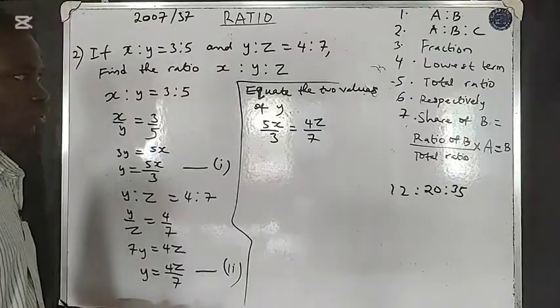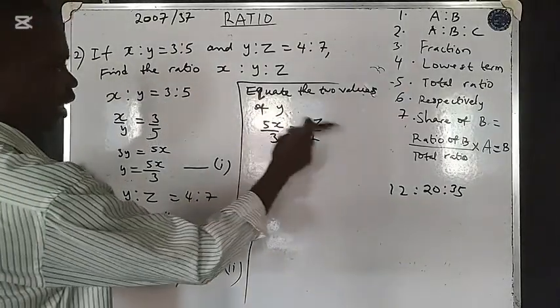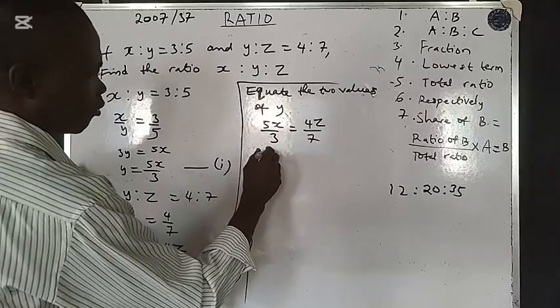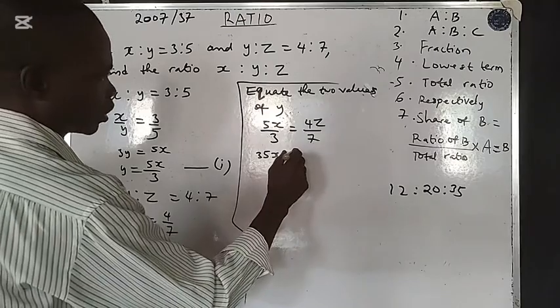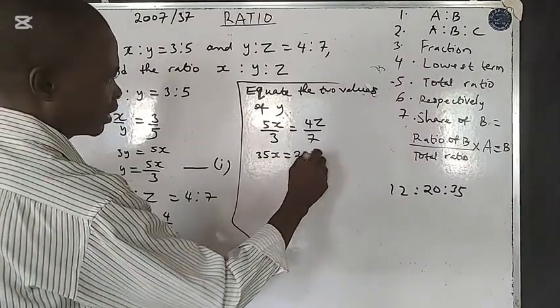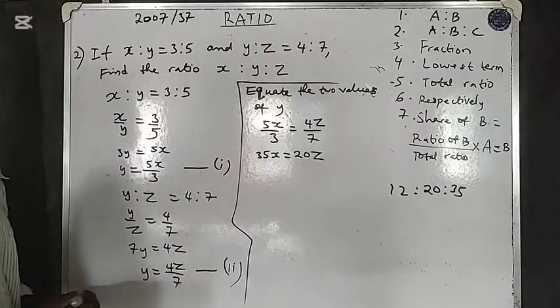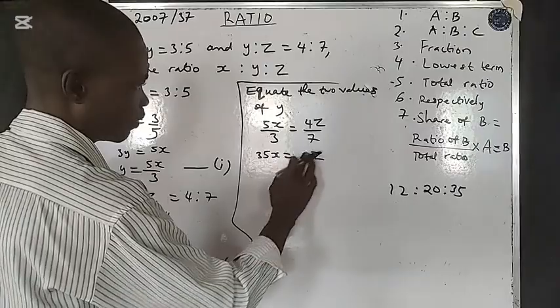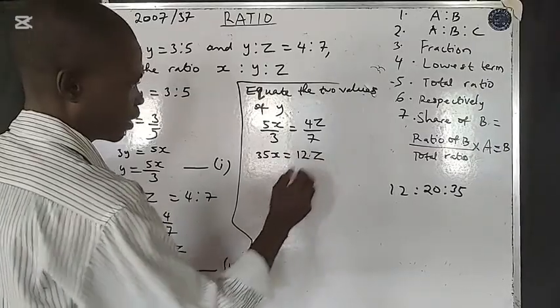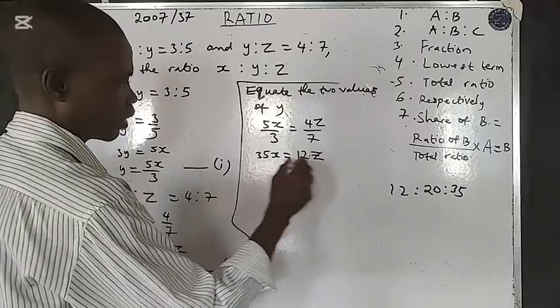So what we do here is to cross multiply again. This time, this will give us 35x. If you multiply this, we have 20z. Oh, thank you. It gives us 12z. Thank you for that. 12z.